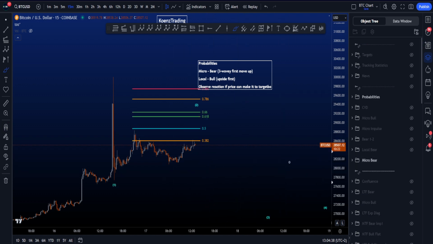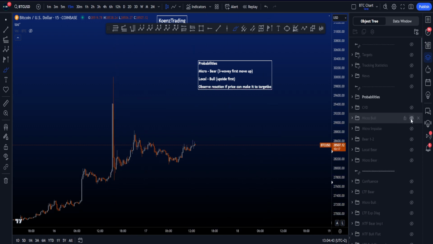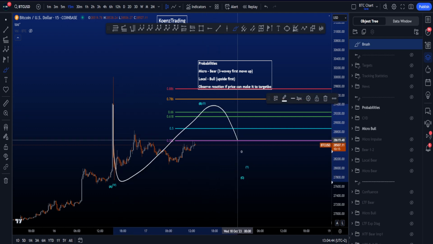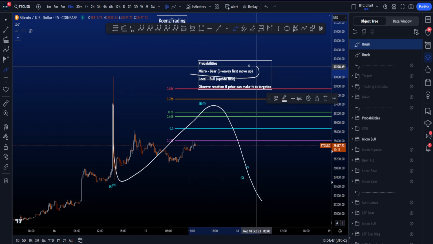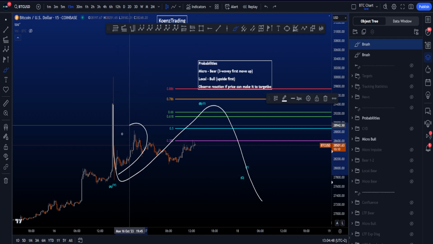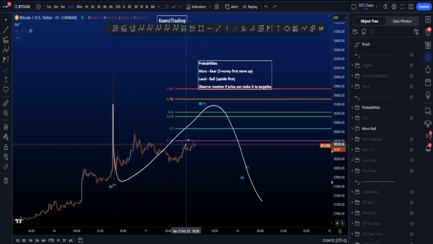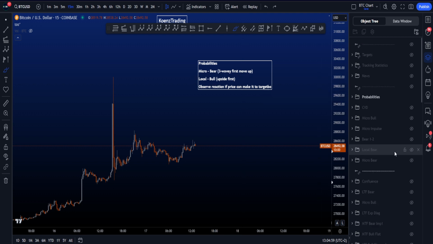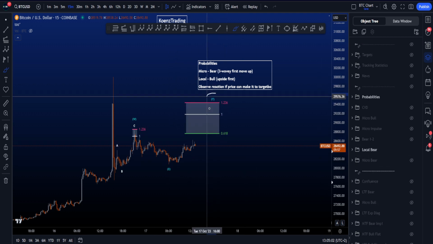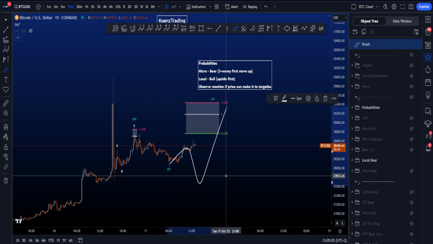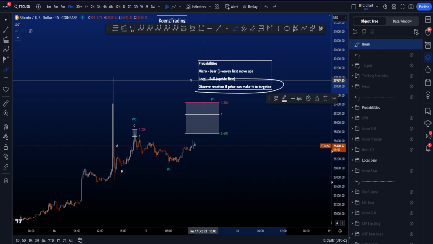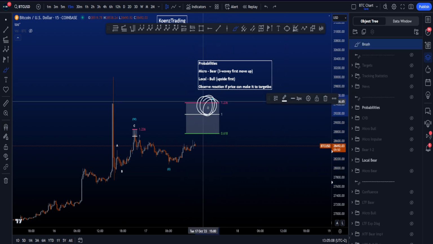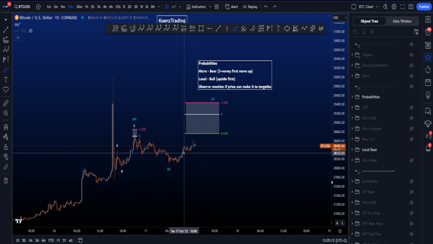So basically on the micro, we're looking for either a 1, 2 continuation down in a 3, or we are looking for an A-W, B-X, C-Y, right? So over here, the bearish three-wave structure at the beginning gives us a little hint that we would still be looking for another move down, at least either directly or we first move a little bit higher locally, but that can of course go in ways like this with a flat scenario. So in general, we have to observe the reaction if price can make it to the target box, and of course keep an eye on what is happening more locally.